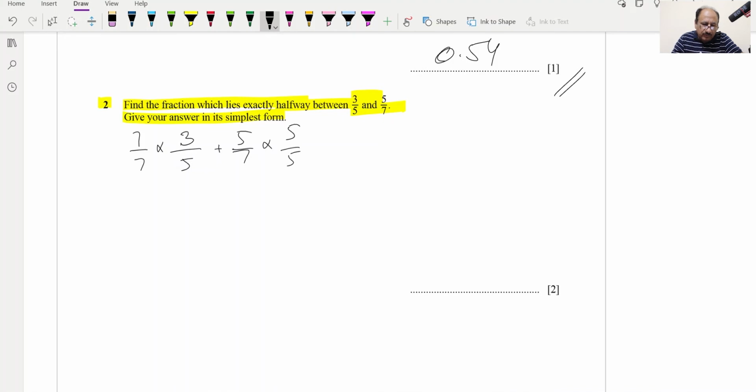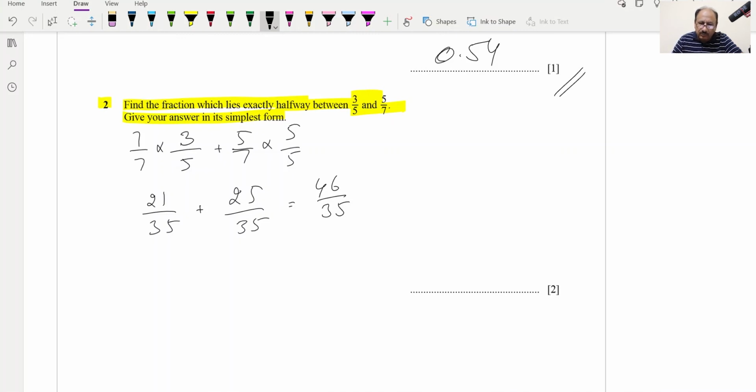So this will be 21 over 35 plus 25 over 35, and if we add, this will be 46 over 35.